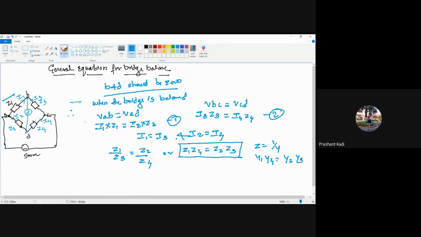That means the product of the impedances of one pair of opposite arms, Z1 into Z4, must be equal to the product of the impedances of the other pair of opposite arms, Z2 into Z3. That is the balance equation. Once again, Z1 Z4 equals Z2 into Z3.